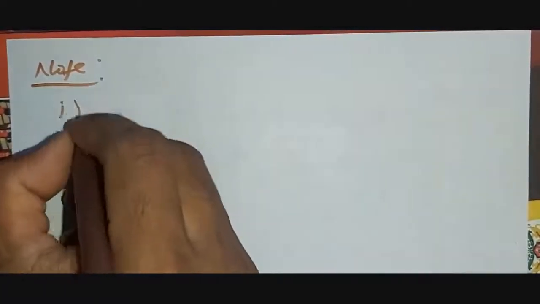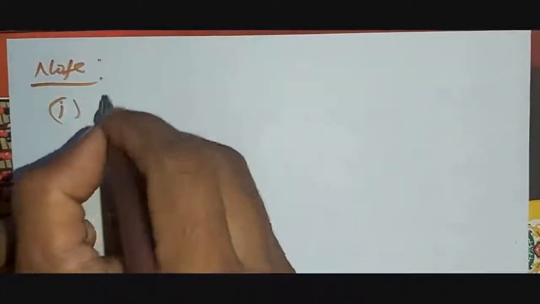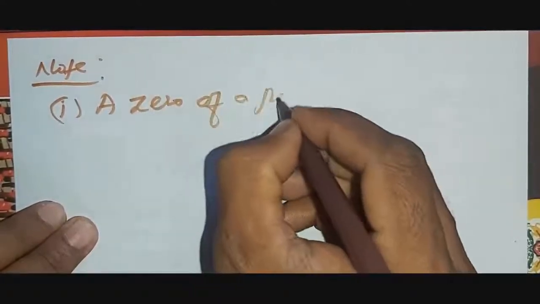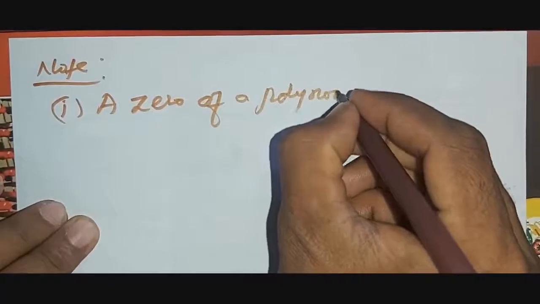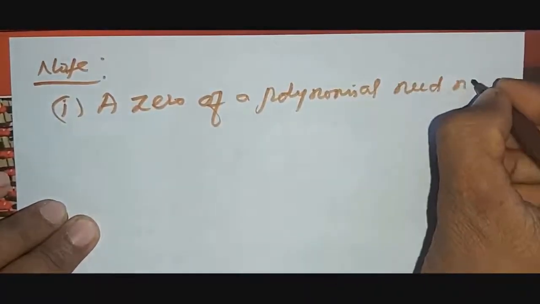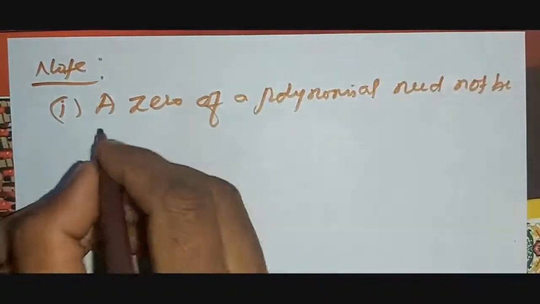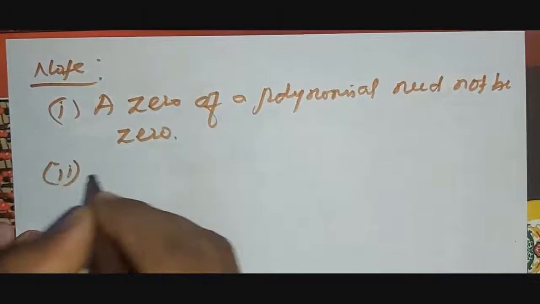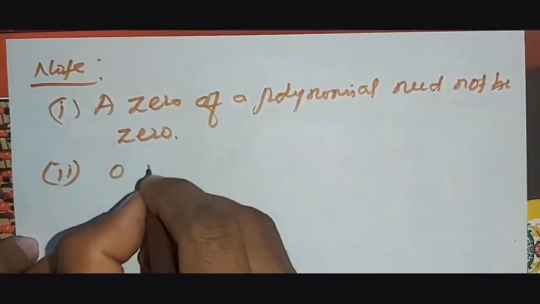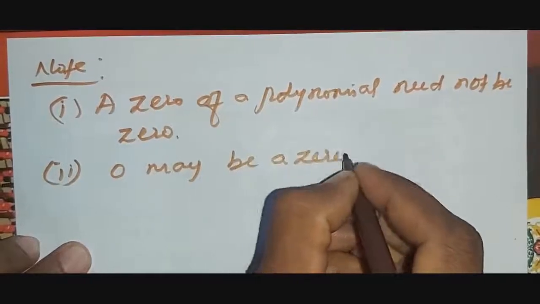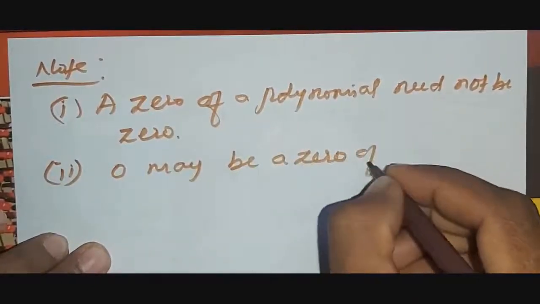Now, important notes here. First, a 0 of a polynomial need not be 0. Second note, 0 may be a 0 of a polynomial.